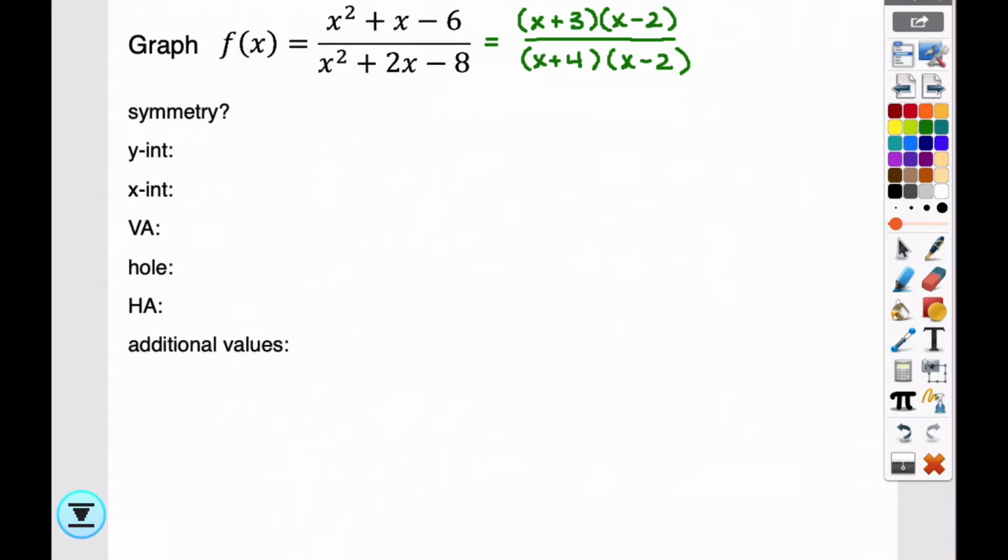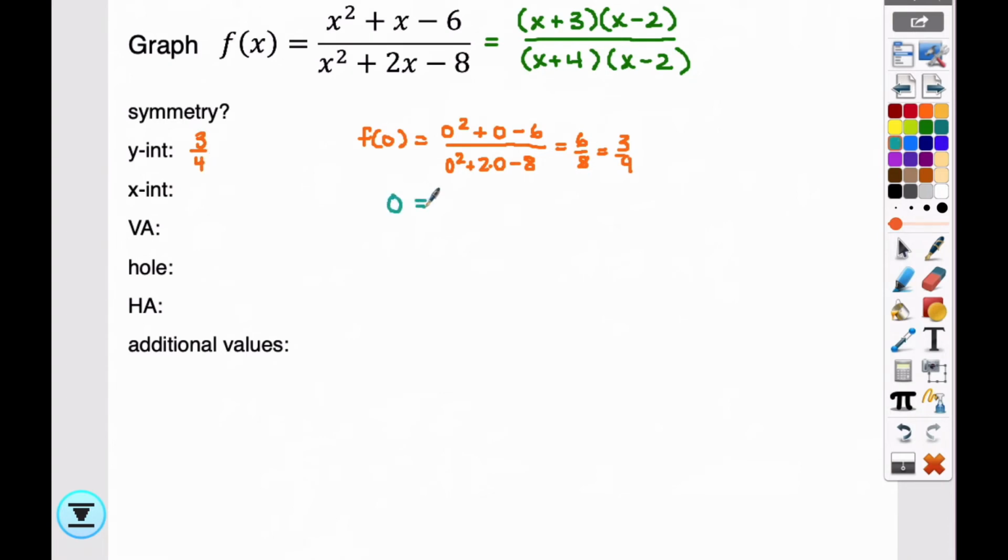Remember that a y-intercept is where x equals 0. Y-intercept at 3/4.